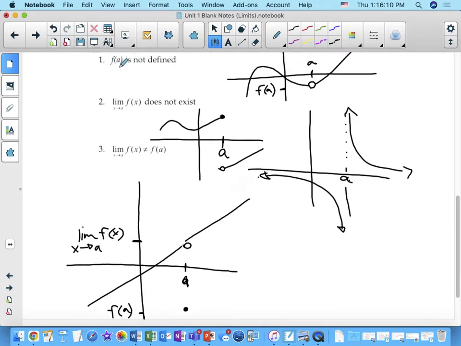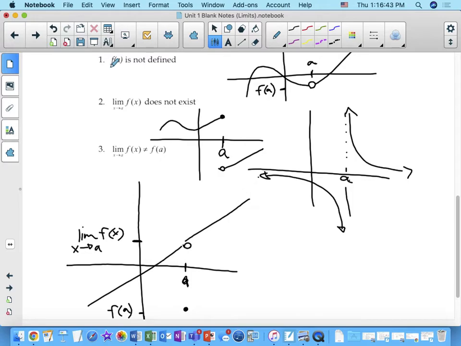Is the function defined at the point of discontinuity? Do we have a defined value of the function when x equals 0? What is the value of the function when x equals 0? 3. Okay, so it's not the first one. The limit does exist. Is it this one, where the limit as x approaches 0 of the function does not equal f of 0?